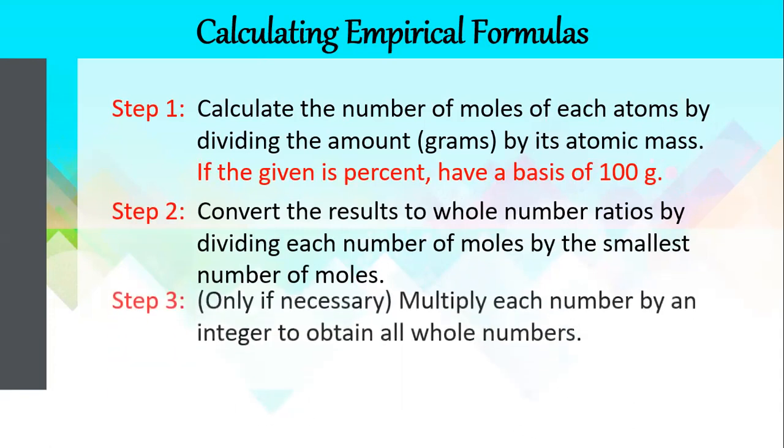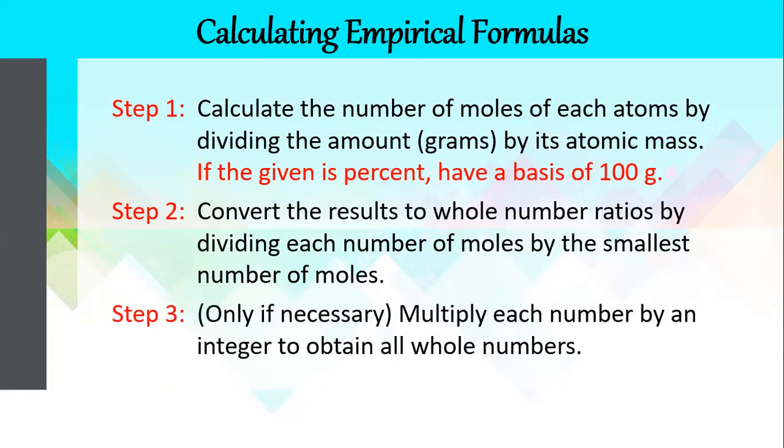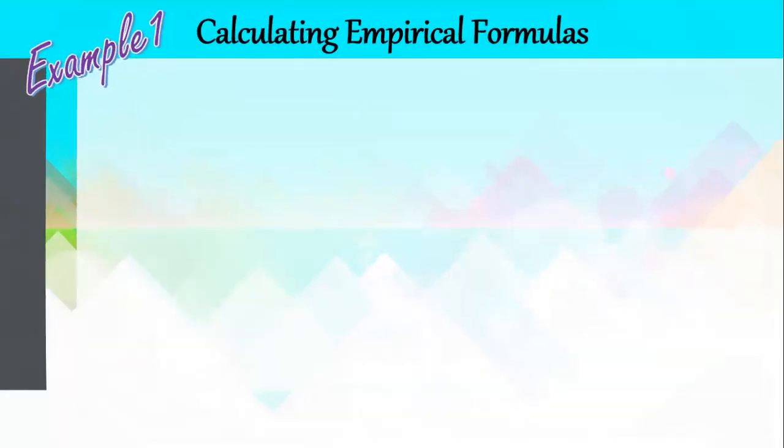And step 3, this is only if necessary or this is optional, you have to multiply each number by an integer to obtain whole numbers. All right? So let's have an example.